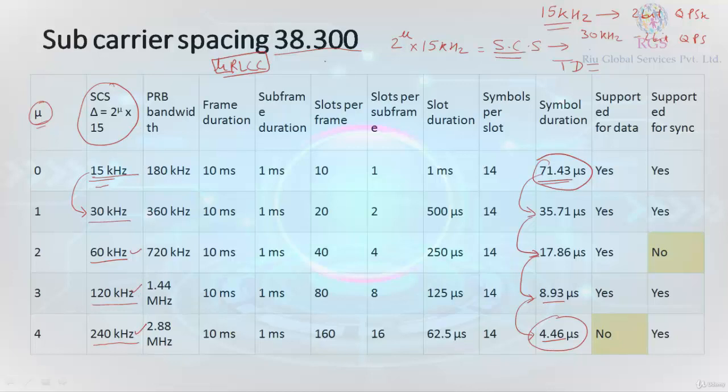Therefore, we need to make use of different types of numerologies or different types of subcarrier spacing. But on the other hand, the problem with this is that you are actually utilizing a bigger part of the spectrum to transmit the same amount of information which you could have been transmitting with the smaller frequency as well, right?